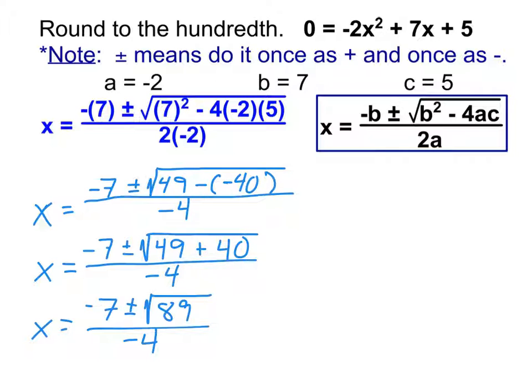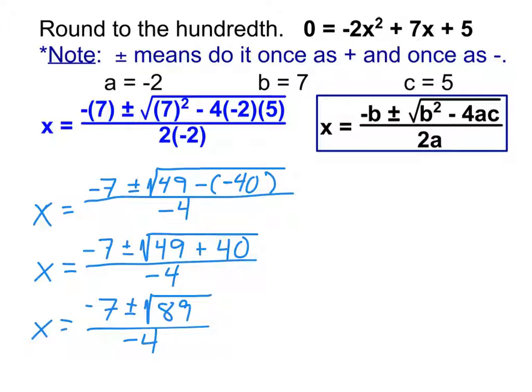Now, I have this answer. There are two different ways that we will give solutions to these types of problems. And we'll actually take a look and add that to our notes here in a few moments. But before we do, let's talk about it. This is what we would call exact form. Exact form means break it down and do as much as you can of the math involved.